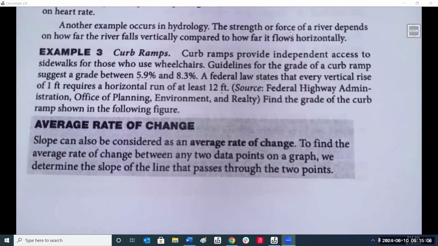So how would you determine if the curb at your nearest corner is within regulation? Remember, it's not 12 feet long. The curb is only 3 feet wide maximum.